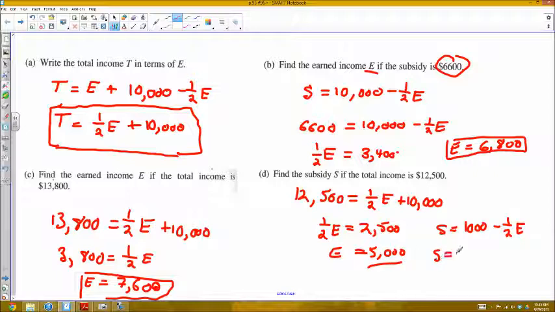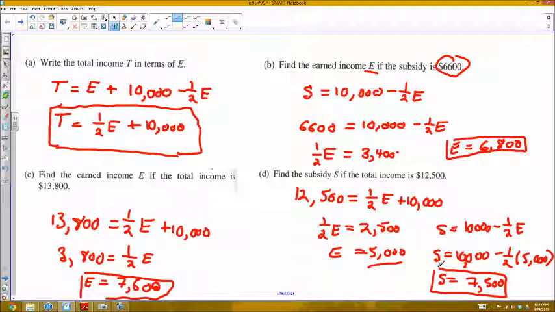So my subsidy is, well, half of 5,000 is 2,500. So 10,000 minus 2,500 will give me $7,500. And that's what my subsidy will be.